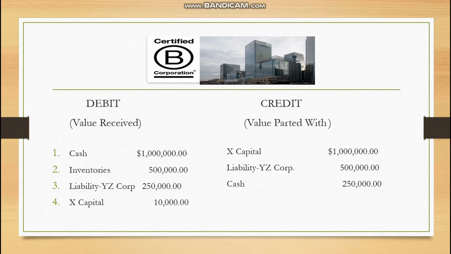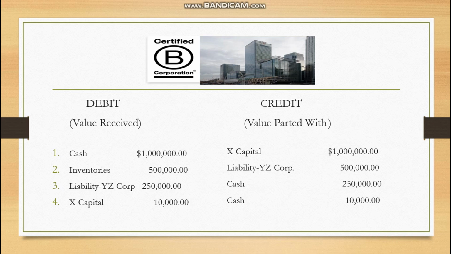Debit X capital $10,000. By debiting X capital of $10,000, this means that you are reducing the original amount of X capitalization in the amount of $1 million. So you debit X capital of $10,000 and credit cash of $10,000.